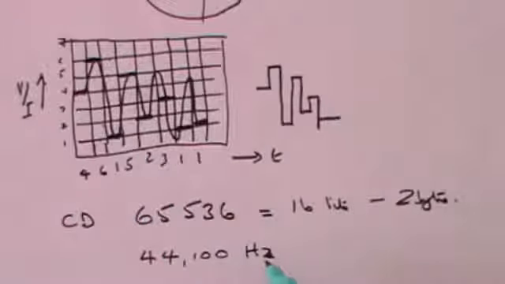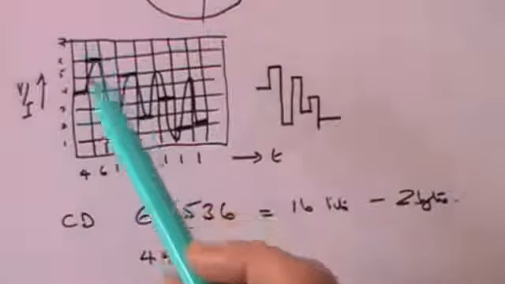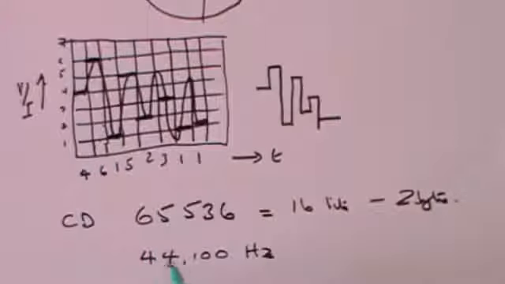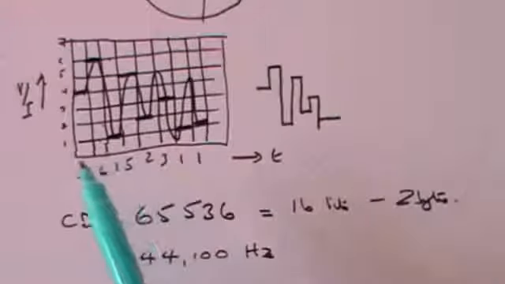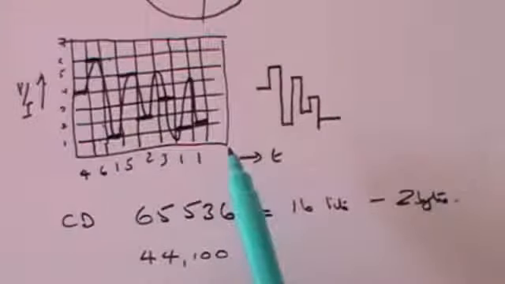In other words, you measure the level of the current or the voltage 44,100 times per second. Now, how did they determine to use this number for the digital resolution, in other words, the number of gradations this way, and this number for the sampling rate, in other words, the number of gradations per second, that way? Well, let's take the bit resolution or the digital resolution first.